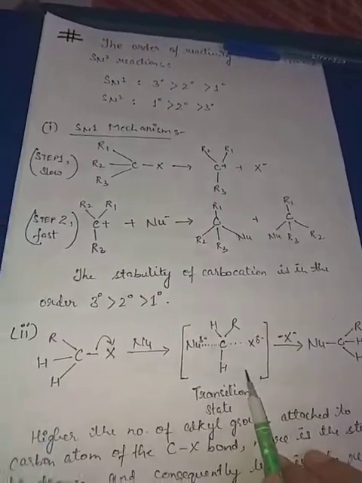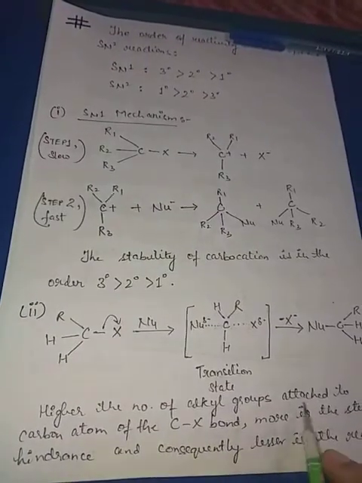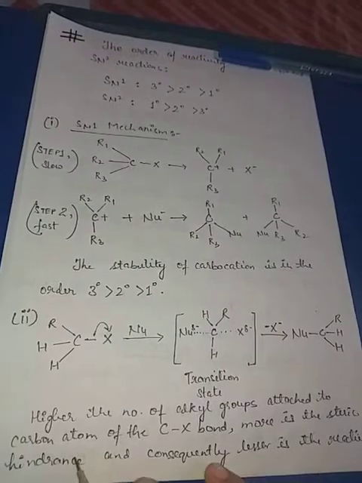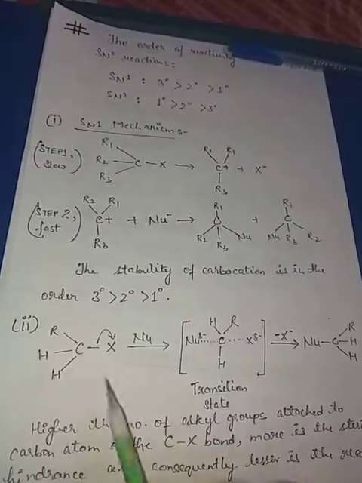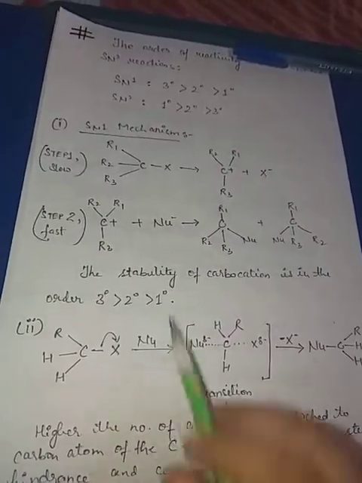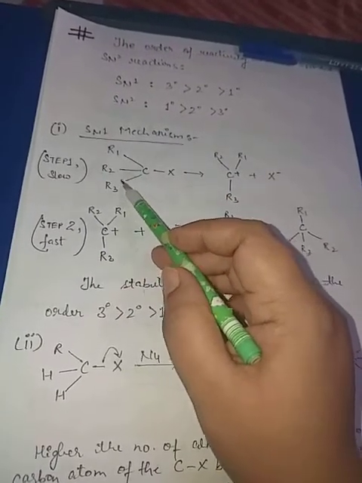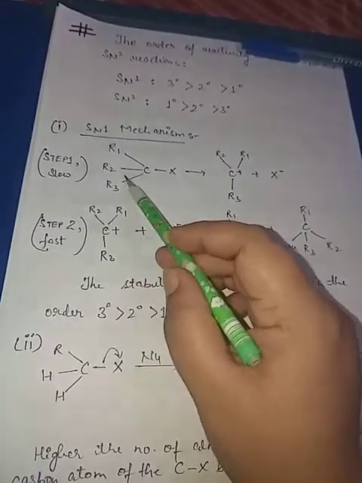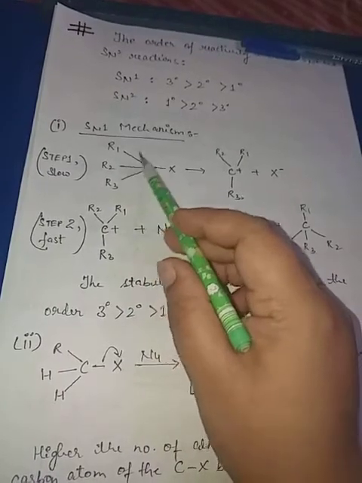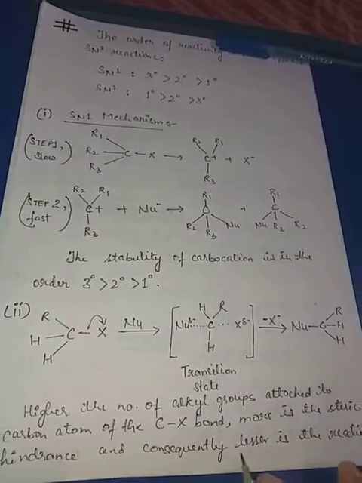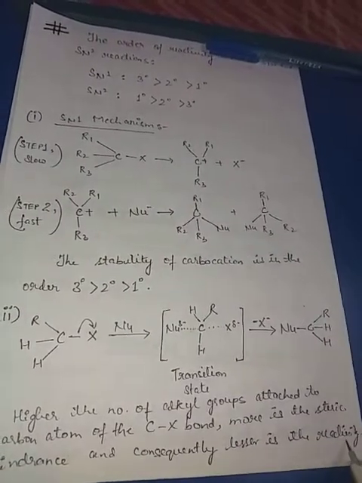So the higher the number of alkyl groups attached to the carbon atom of the CX bond, the more is the steric hindrance. Steric hindrance means bigger groups will cause repulsions with each other, and the more the steric hindrance, the lesser is the reactivity.